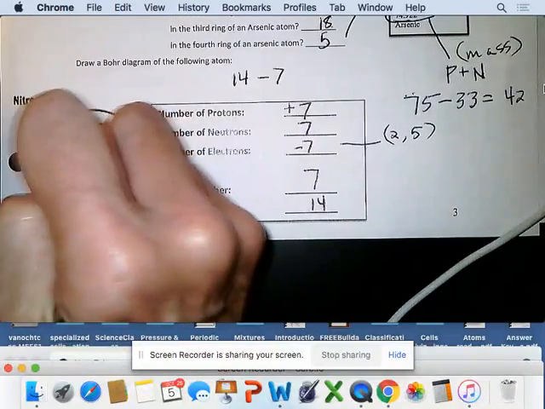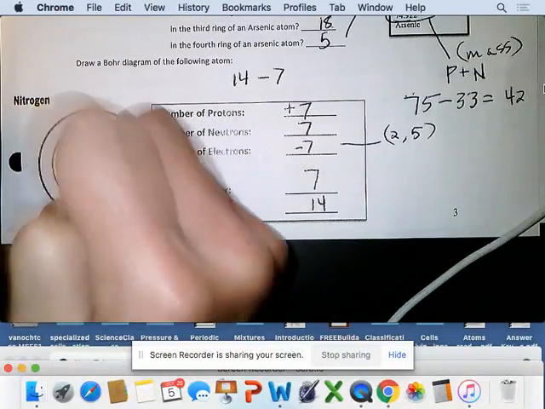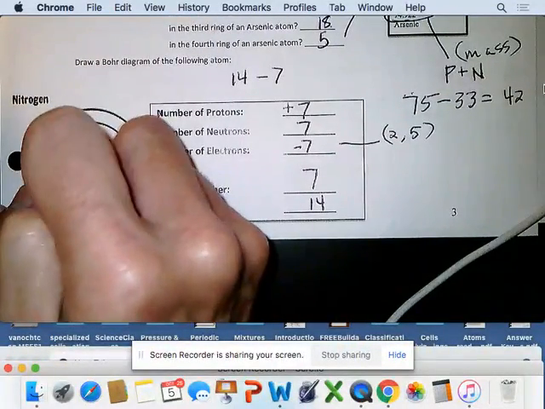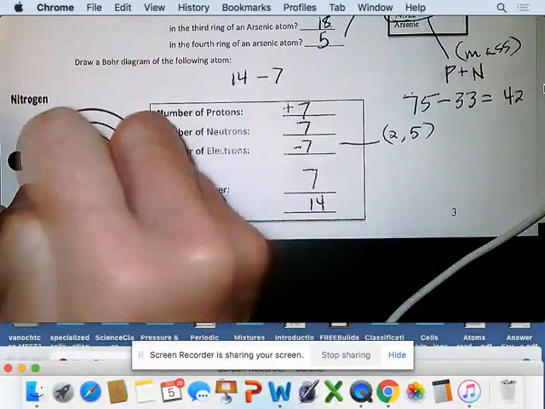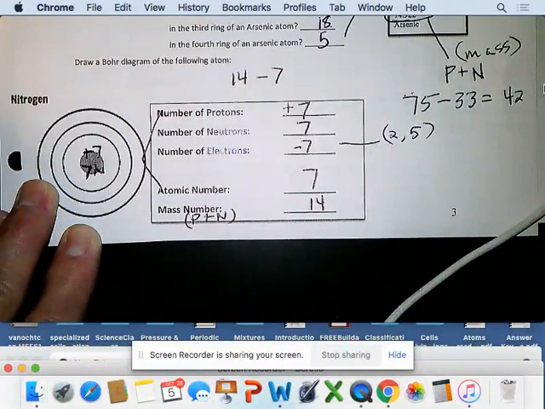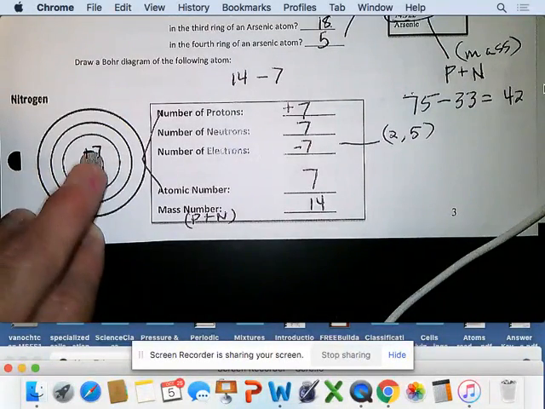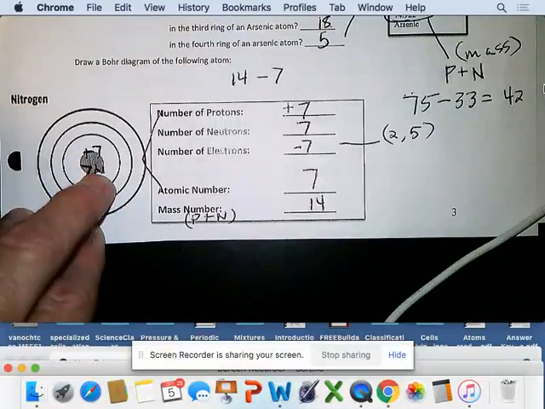So I'm going to put plus 7 for my 7 protons, and then I'm going to put maybe 7N for my neutrons, okay? In this particular diagram, it's really hard to draw in that little nucleus. So I'm just going to label my 7 protons, 7 neutrons.